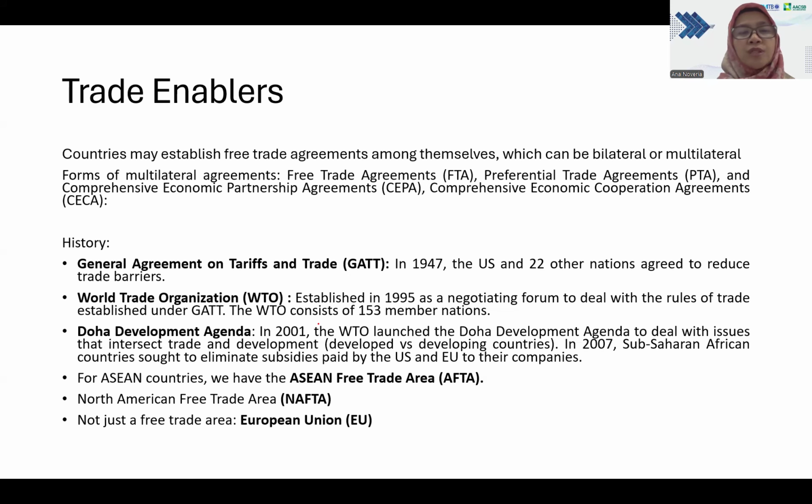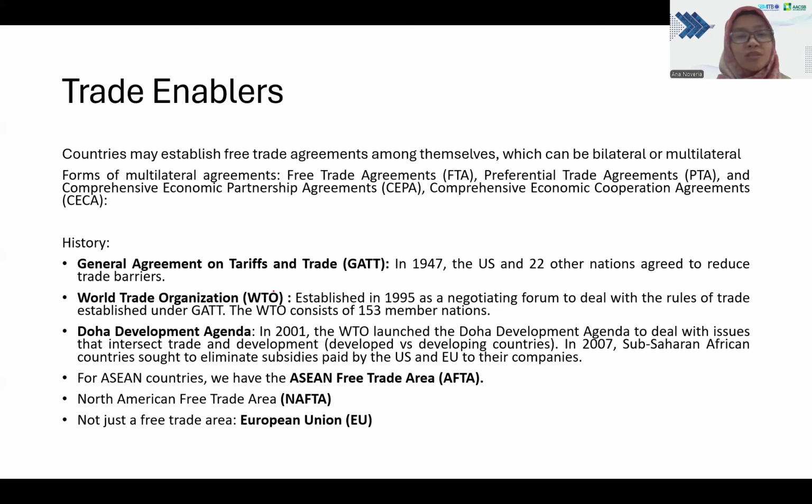And the history is from the GATT, General Agreement on Tariff and Trade in 1947, initiated by the US and 22 other nations, and the WTO, Doha, in Qatar. And for ASEAN countries, we have AFTA. North American Free Trade Area, they have NAFTA, between the US, Mexico, and Canada.